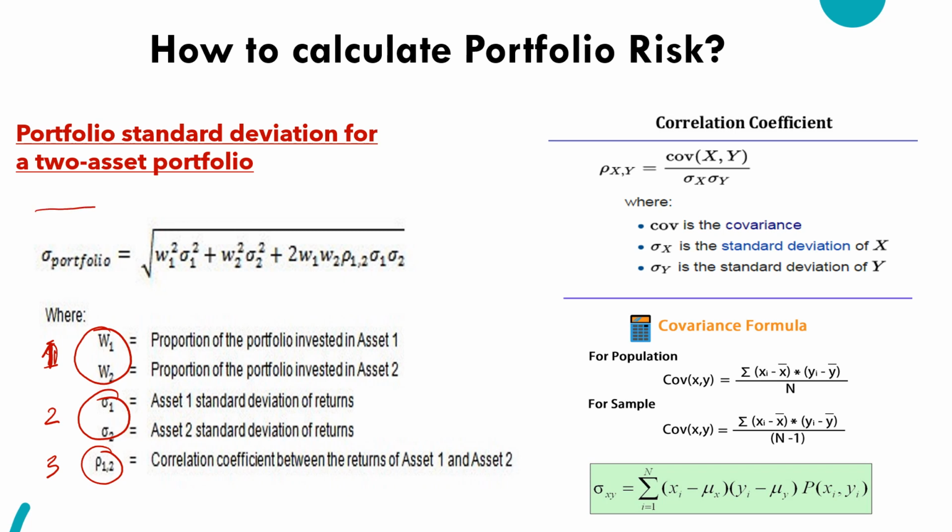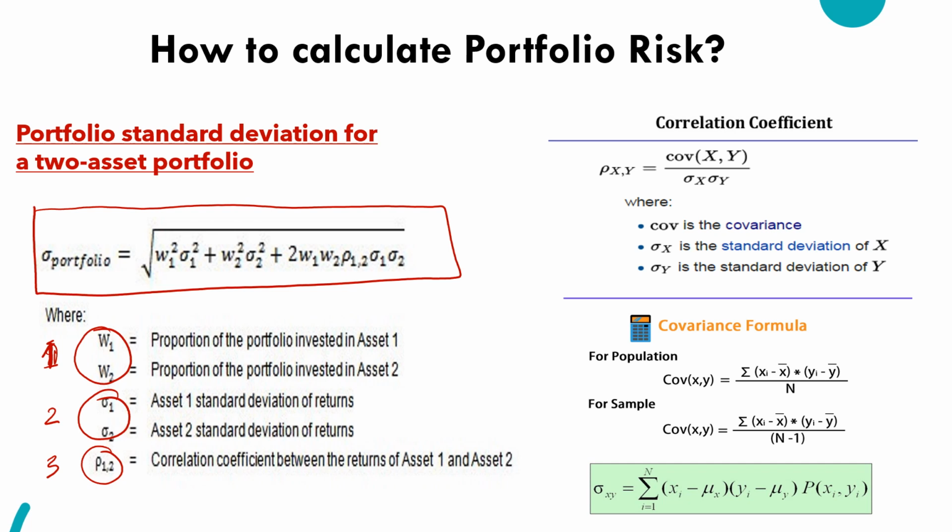It is calculated by squaring the weight of the first asset and multiplying it with the variance of the first asset, added to the square of the weight of the second asset multiplied by the variance of the second asset, then add this value to 2 multiplied by the weight of the first asset and the second asset, multiplied by the correlation coefficient of the return between the first and the second asset, and multiplied by the standard deviation of return from each asset.